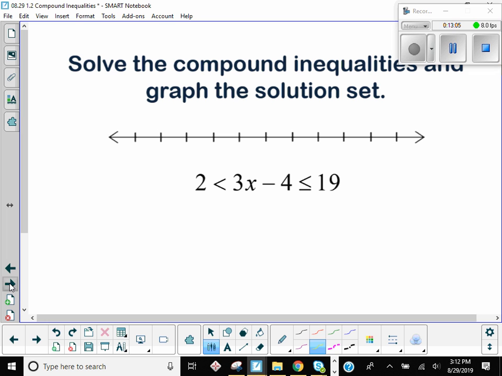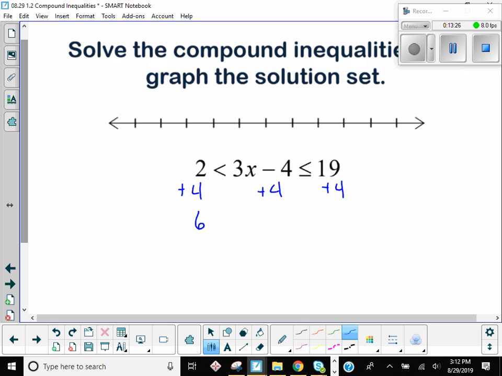You told me that if the 2 wasn't there at all, we would start by adding 4 to both sides. That's correct. We're going to do that now, to the left, to the middle, and to the right. So that's 6 less than 3x less than or equal to 23.